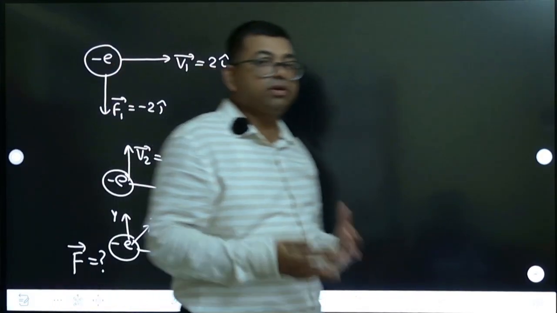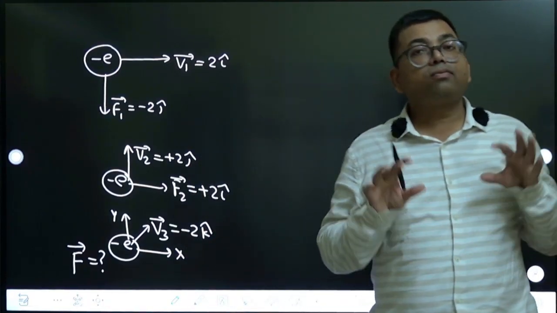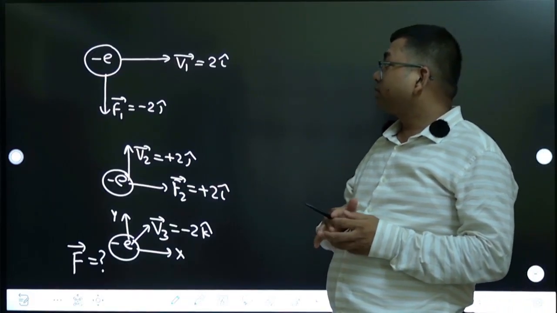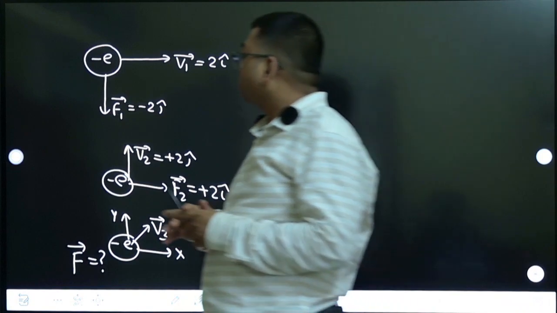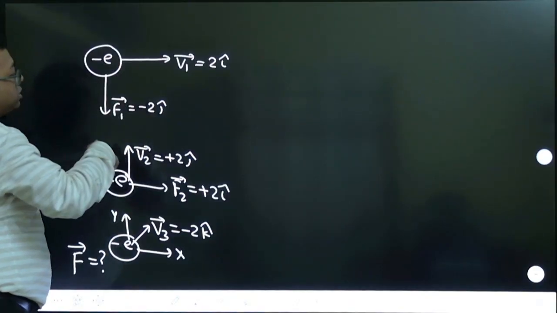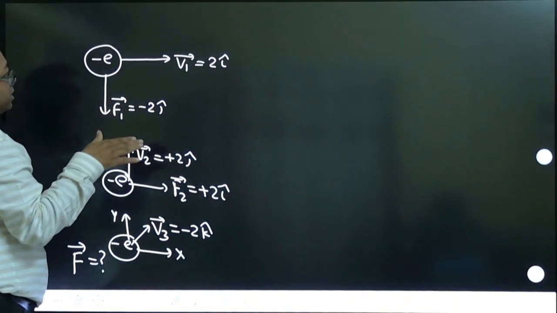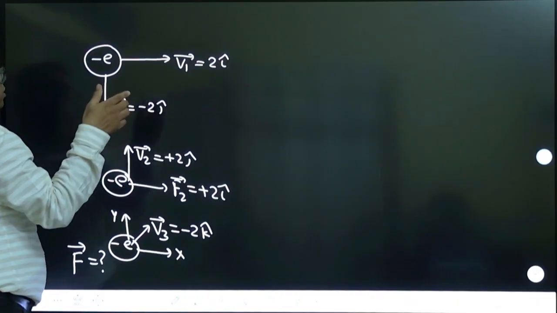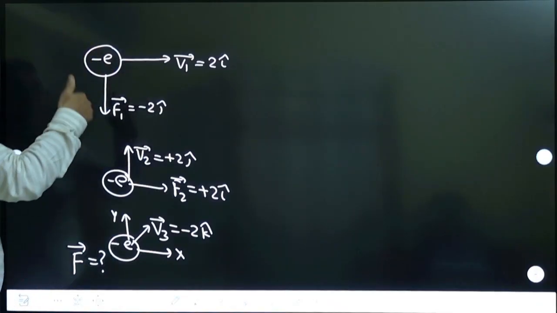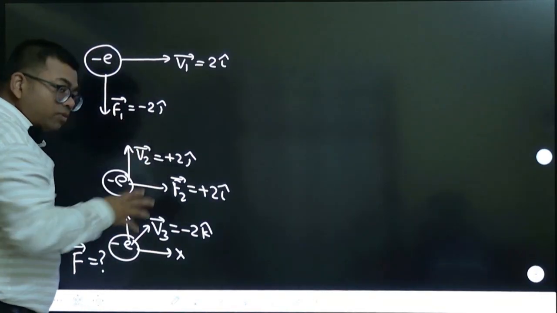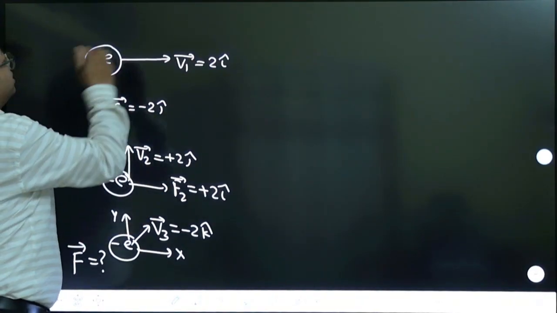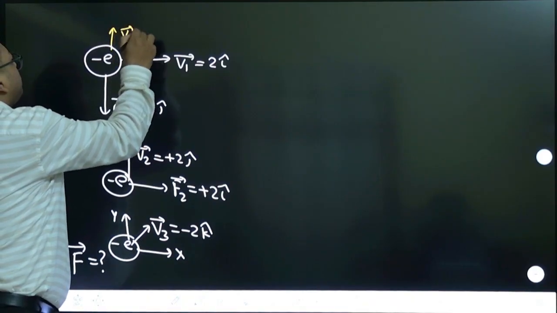Assuming only a magnetic field is present, we need to see the magnetic force only, and we do not know the field directions. So let us think about the field direction. Suppose I say the force is this way, so I will choose the V cross B direction. If I take the field inside, V cross B will come upward, but the force has to be opposite to V cross B. Why?